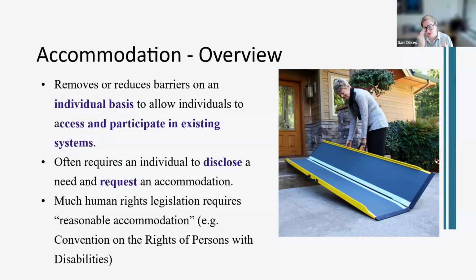I have an image here, it's just from Unsplash, of a mobile ramp where a woman next to a pair of steps is putting down a ramp for a mobility device in order to enter the house. When we think about accommodation through this lens, what's important is that the person using a mobility device does not inherently have access to the space.